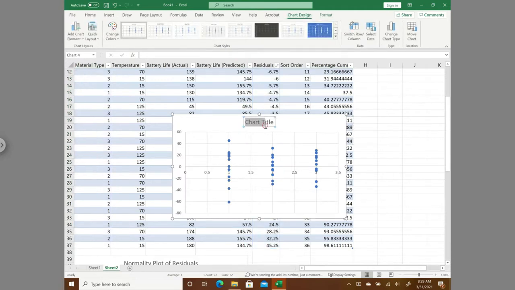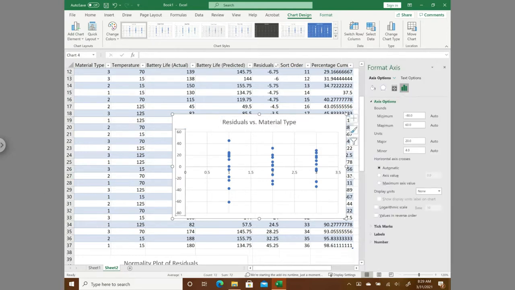The chart title is residuals versus material type. You can fix your axis, make it cross at minus 80.